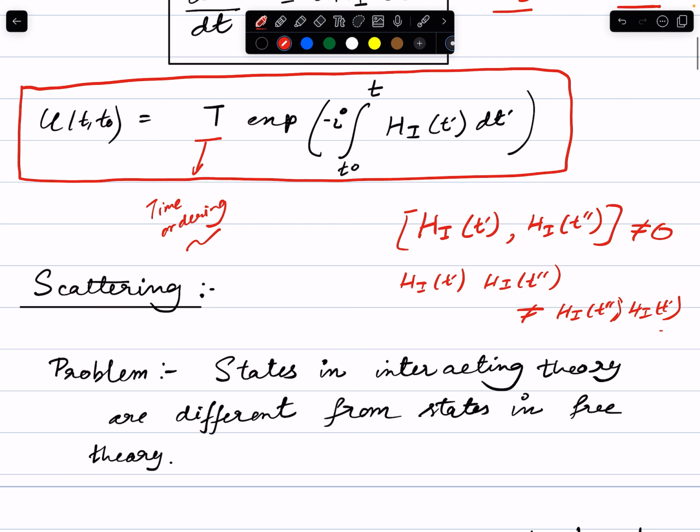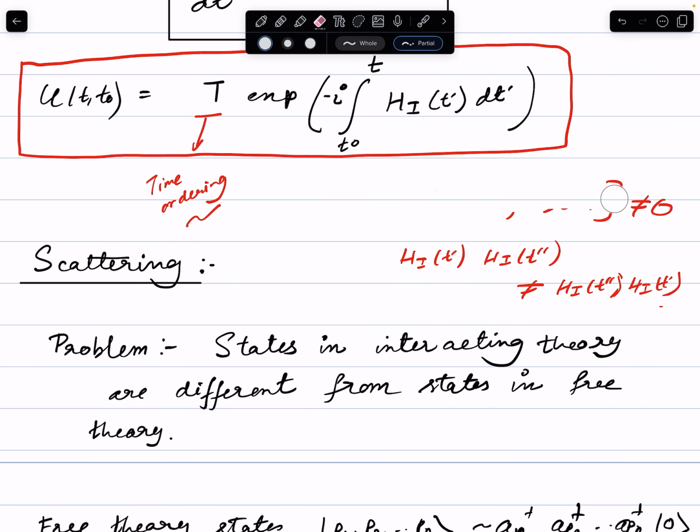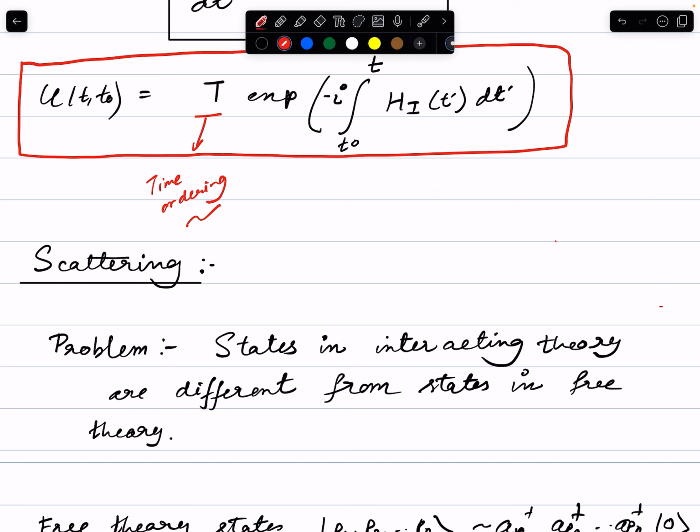If I didn't have this, I would have an expression where I have e to the power minus i integral of H_I(t') dt'. If I expand this, expanding the integral, I will have minus i H_I(t') dt'.